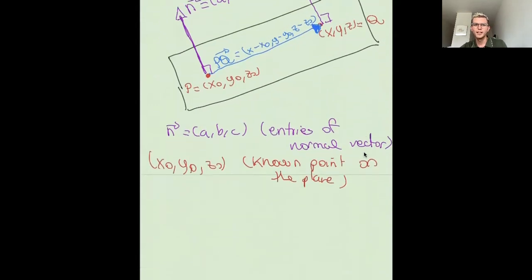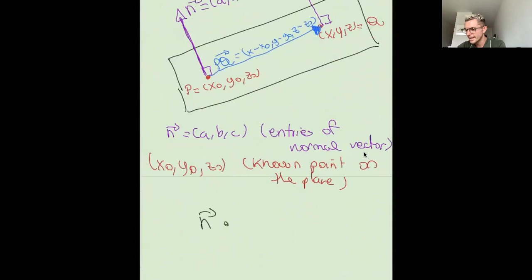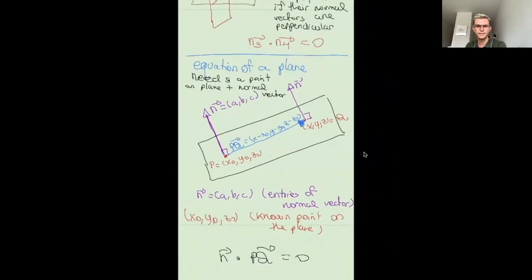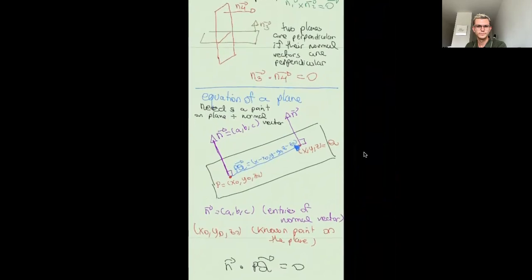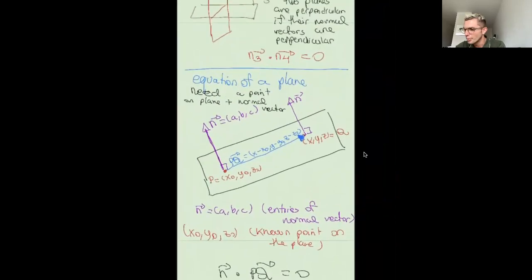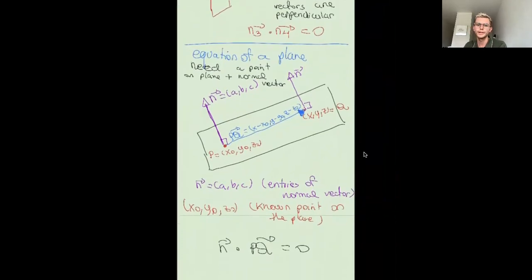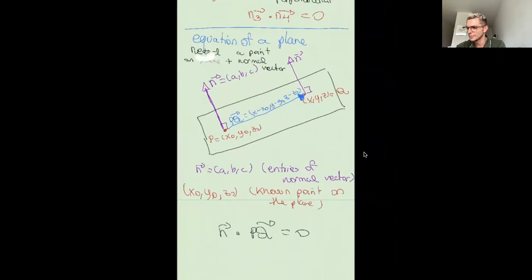So what I was saying is that everyone agrees that n dot PQ is 0, right? Sometimes you are given the equation of the plane. Sometimes you're asked to find the equation of the plane. So I'm showing you how to find it. Professor, can you please scroll up? Yes. It says you need a point on the plane plus a normal vector to find it.